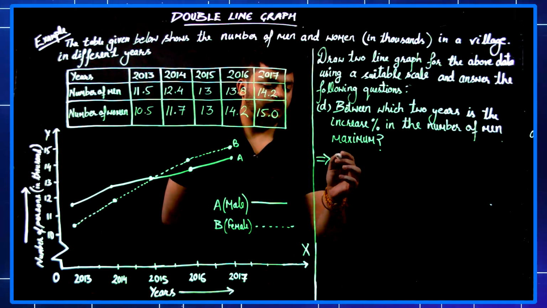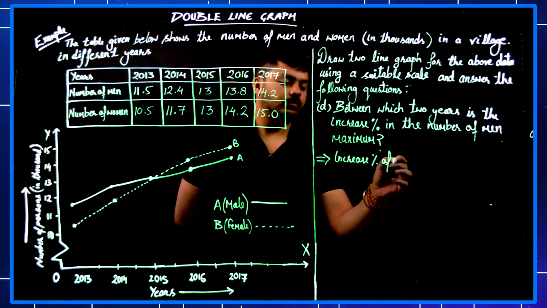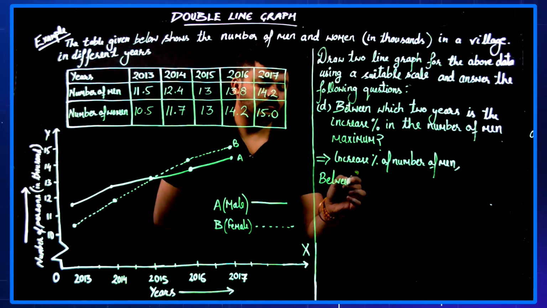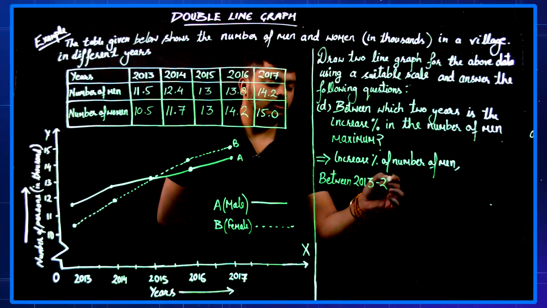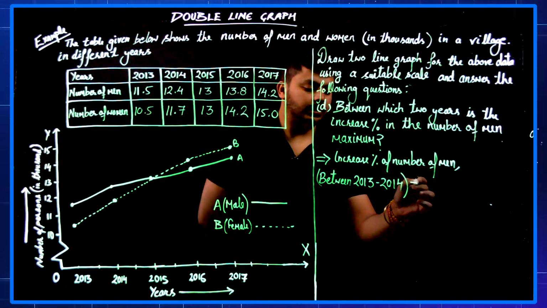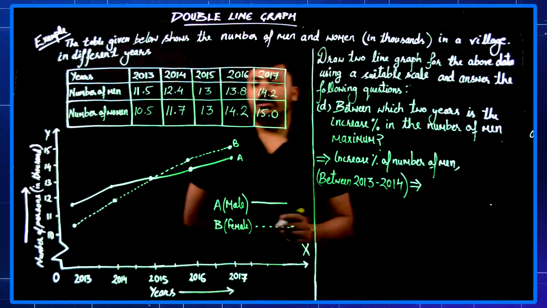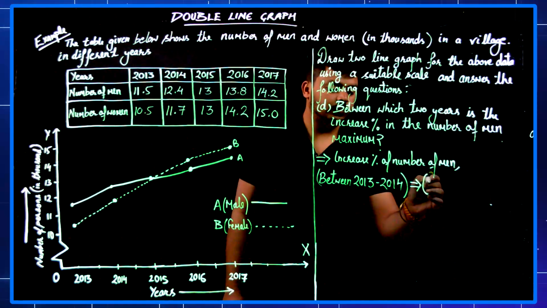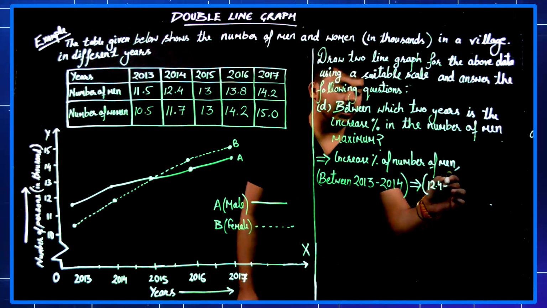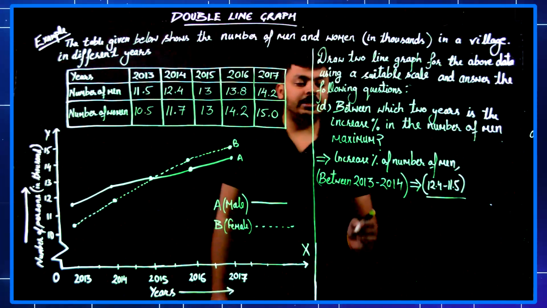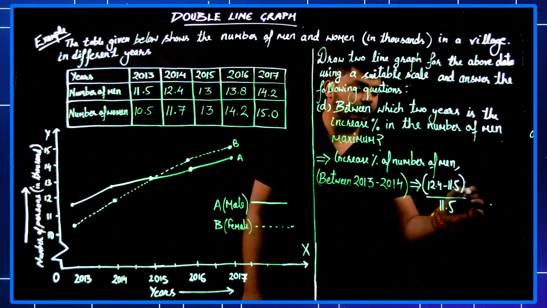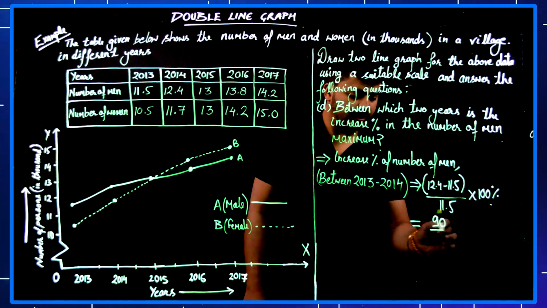The increase percentage of the number of men between 2013 to 2014 is, we have to subtract, that is 12.4 minus 11.5, divided by, we take the base as the first year, that is 2013, so 11.5, multiplied by 100%.